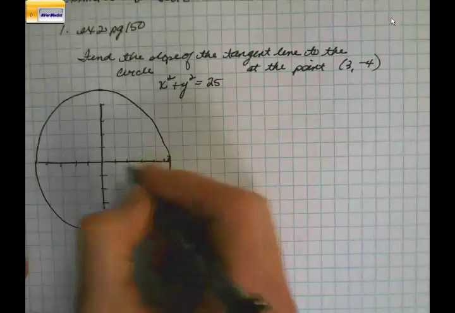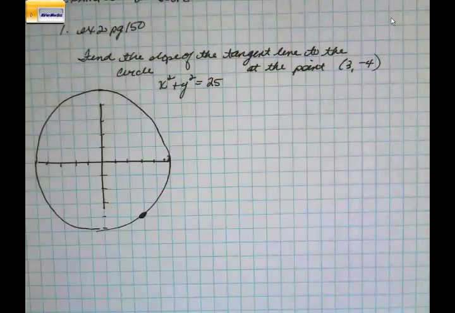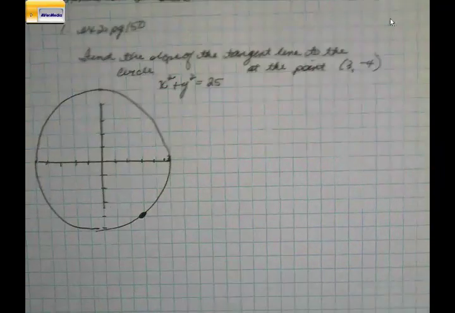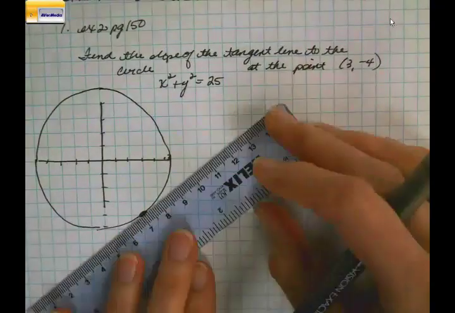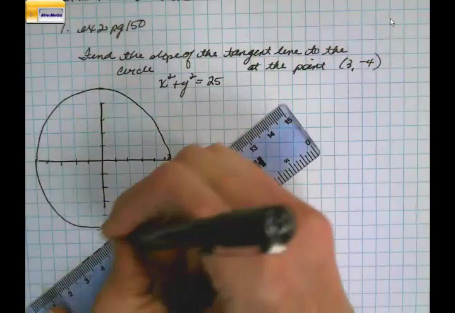At the point 3, negative 4. 1, 2, 3, 1, 2, 3, 4. Right there. So we want the tangent line to the curve at that point. Pressure's on underneath this camera. So here's what we're looking for, is the slope of this line.